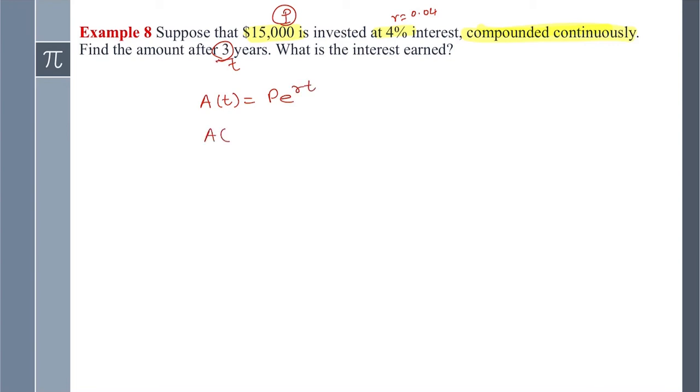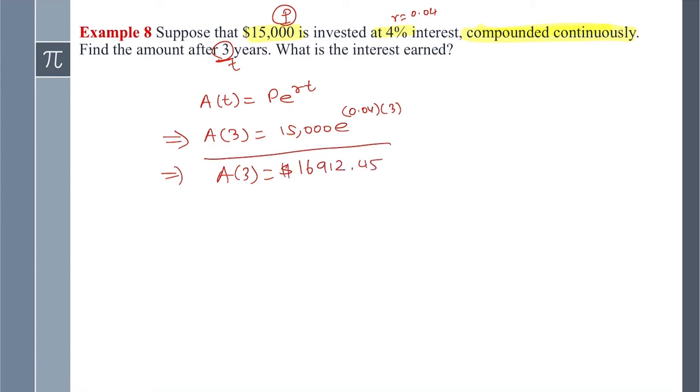A after 3 years, so t is 3, equals principal is 15,000, e to the r is 0.04 times t is 3. Now we can just put this into the calculator. So when you put that in the calculator, you get 16,912.45 dollars.